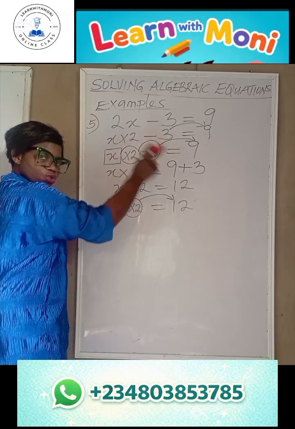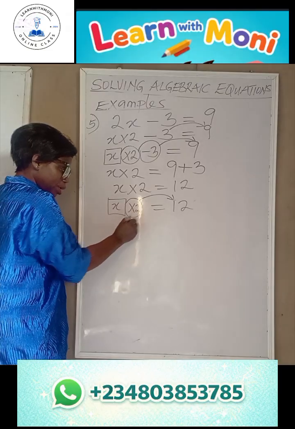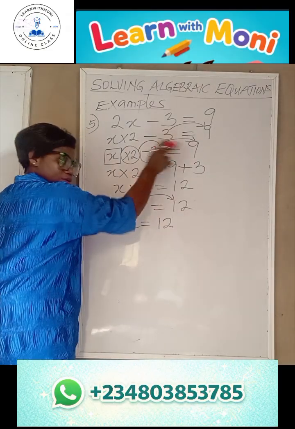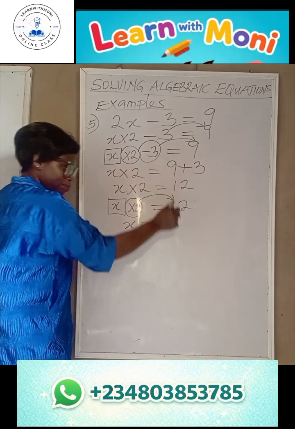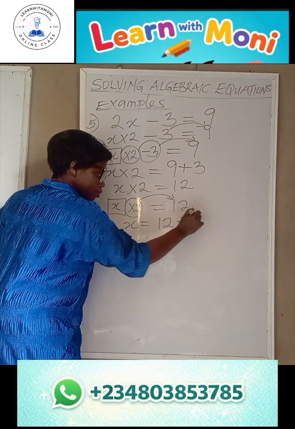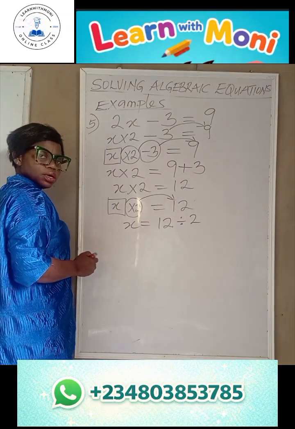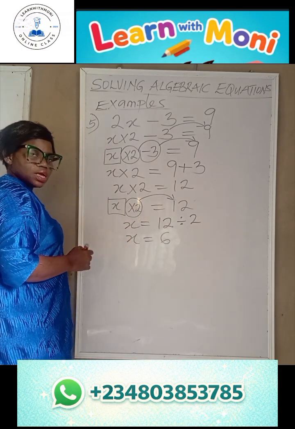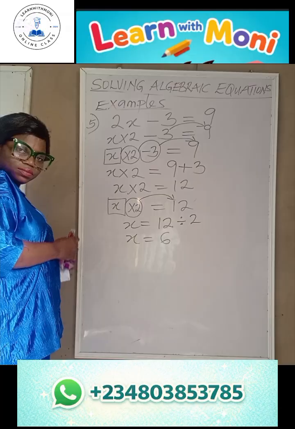So when it rolls over on this side, we'll be left with x, which equals 12 divided by 2, so that we have x equals 6. And that is the value of our x.